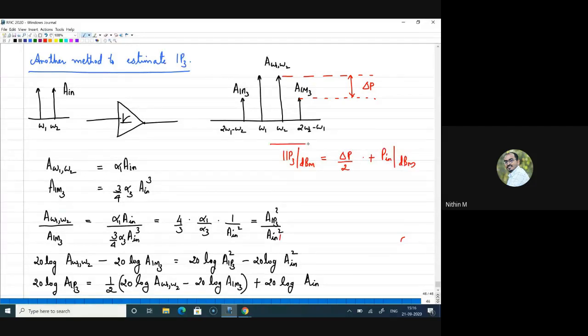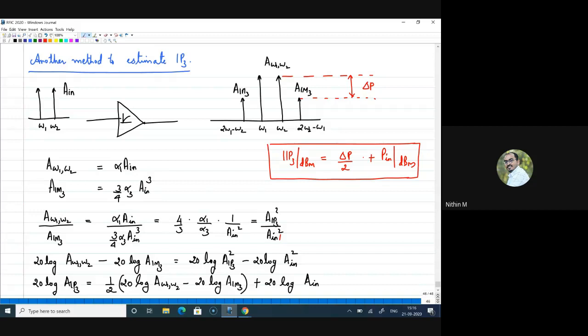So this is also another method to find an estimate of the IP3, or the intercept point, of a nonlinear system. I hope it is clear what we have done now.